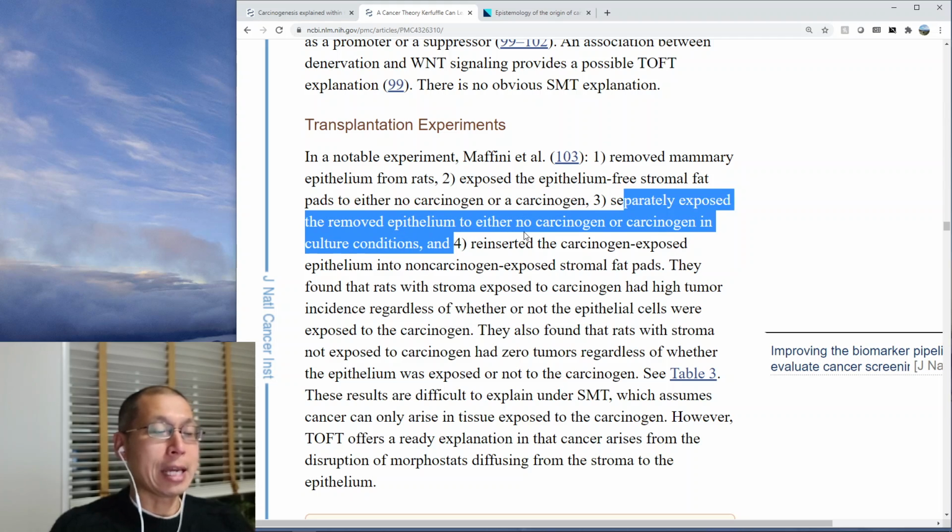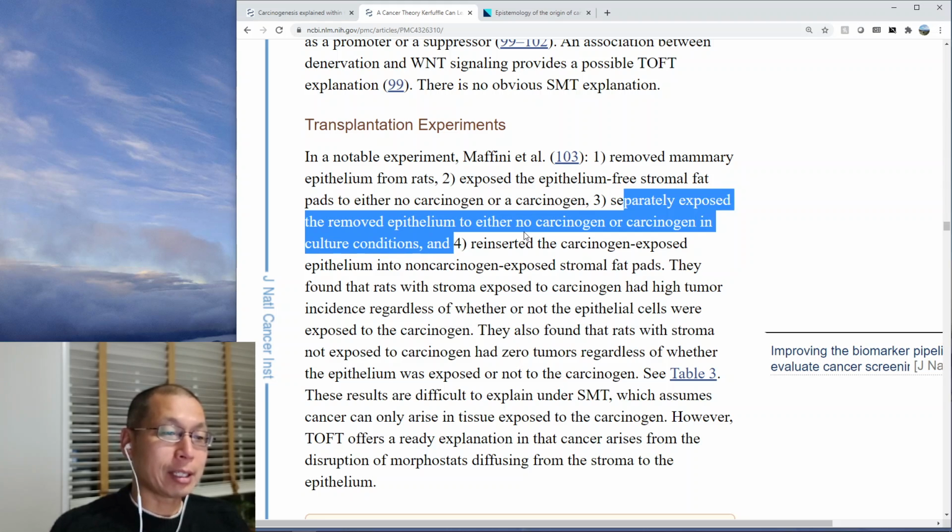So basically, if the cancer is caused by a mutation, you would expect that the carcinogen exposed to the epithelium would cause cancer, and then exposing the fat to the carcinogen would give you a fat tumor, but not an epithelial tumor.